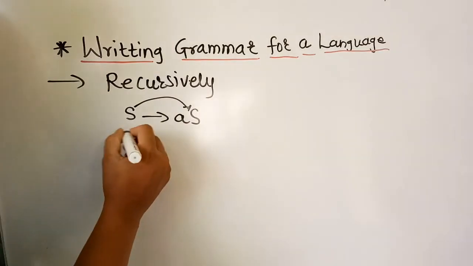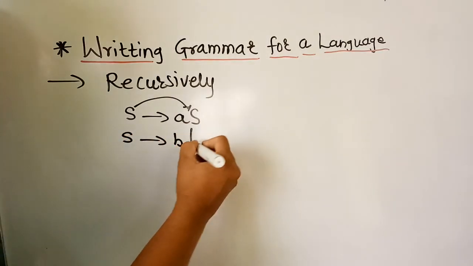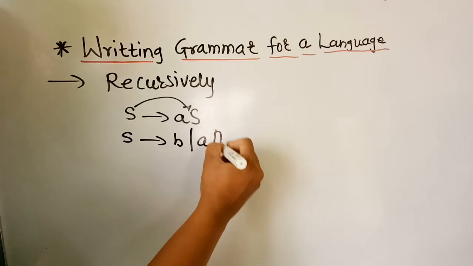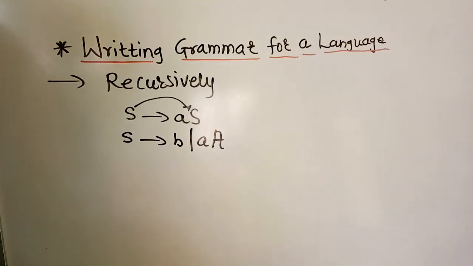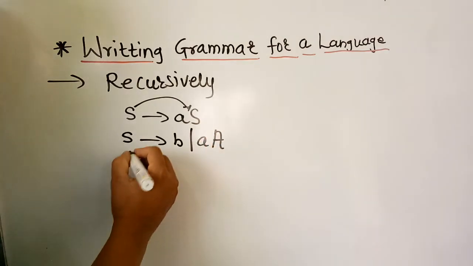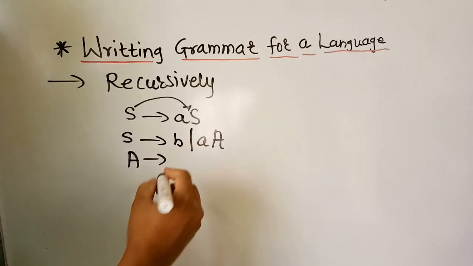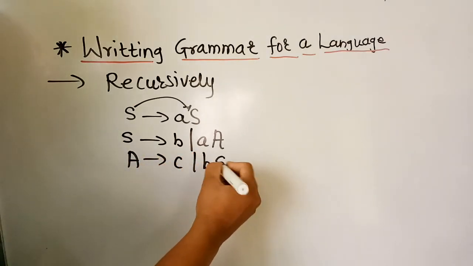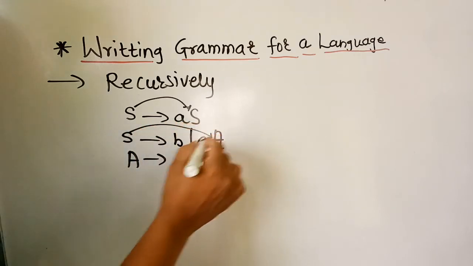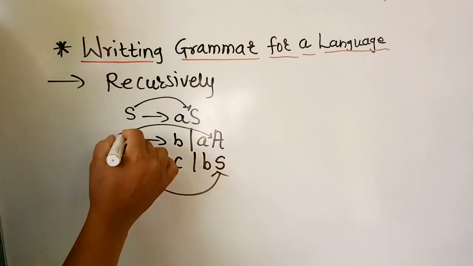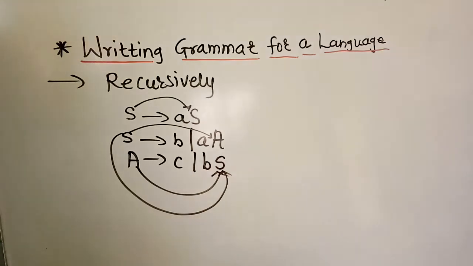Next, for example, S gives small b or A. And A has a production like C or BS. This means indirectly S is giving A and A is giving S, so S appears again on the right hand side. How?